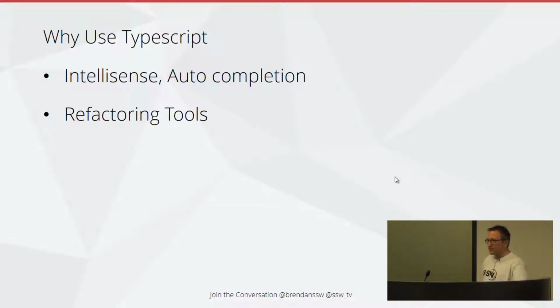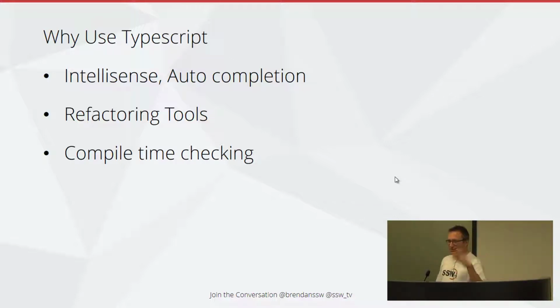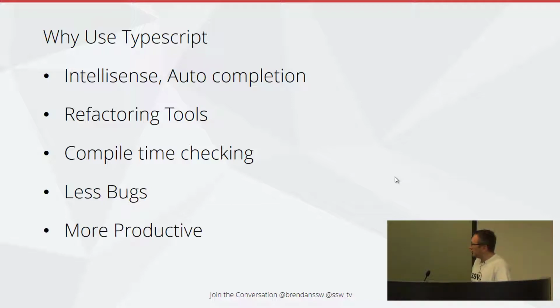It's got refactoring tools, so you can start changing things and have the system know you've changed it and then change it in other places. You've got compile time checking. This protects you against yourself. You set up an object with certain fields. If you use that object on another screen, you have to keep going between the two. The tooling will know you've made a mistake, and it will auto-complete things for you. Overall, I find with TypeScript you've got fewer bugs and it's a whole lot more productive.